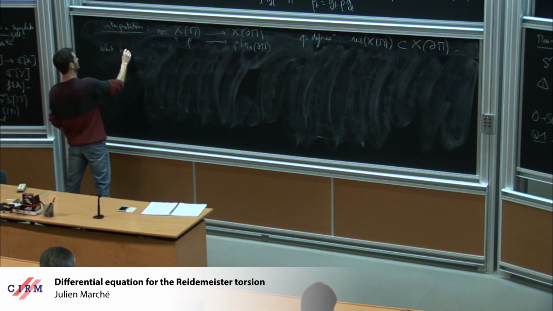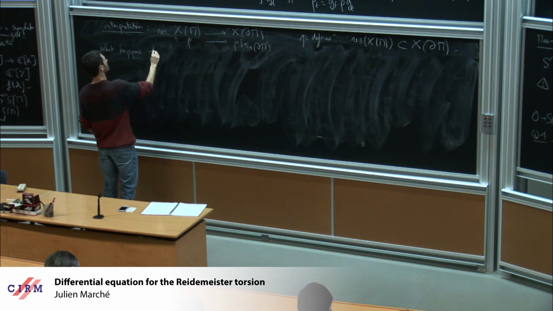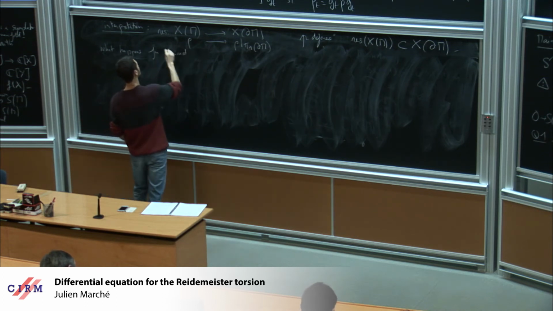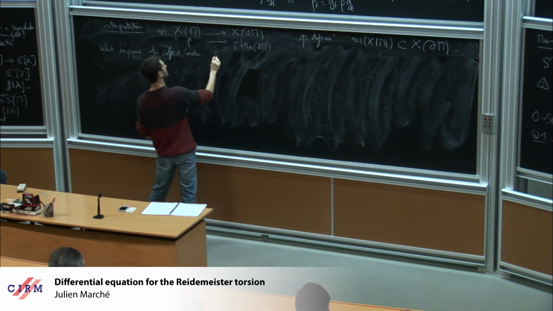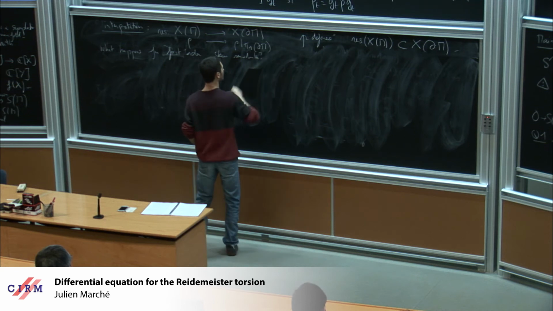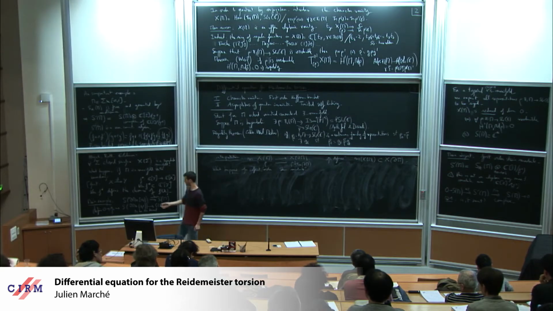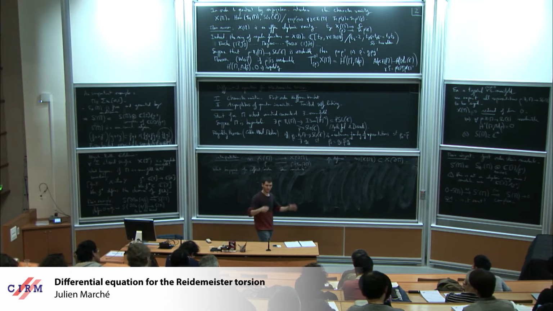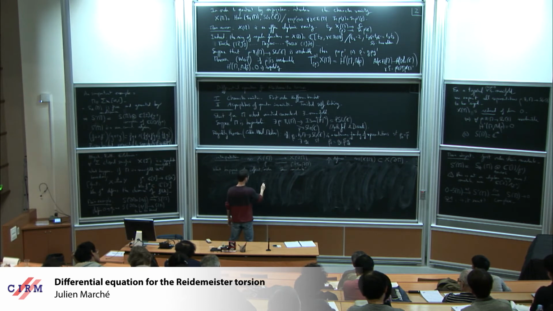So what happens for derived or first order skein modules? Well, you have this natural map, this inclusion map. It's defined for prime or not prime, for every skein module.